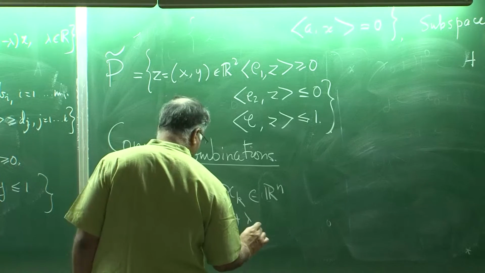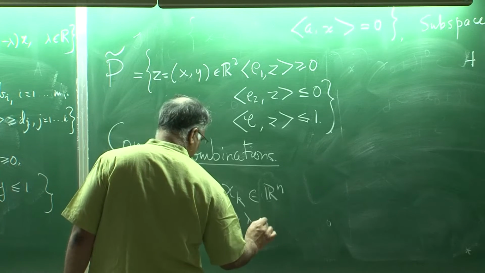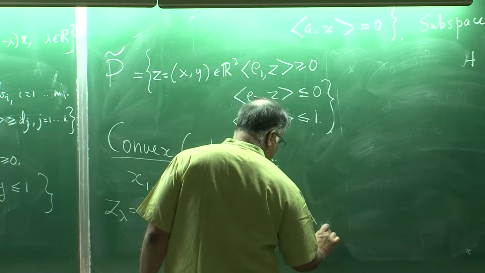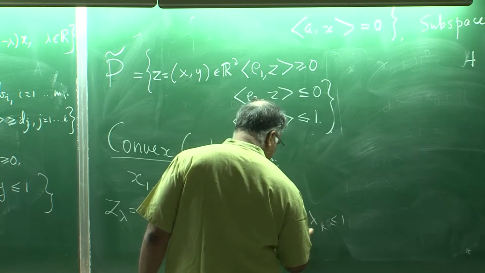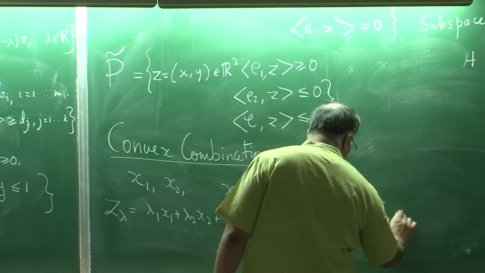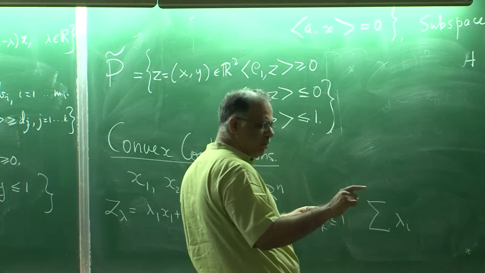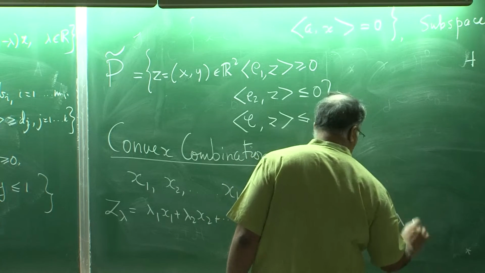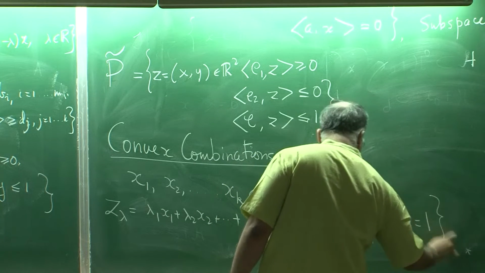It is a kind of linear combination, of course, where these lambda i's have the property to be between 0 and 1, and the sum of the lambda i's, that is lambda 1 plus lambda 2 plus up to lambda k, is exactly equal to 1.